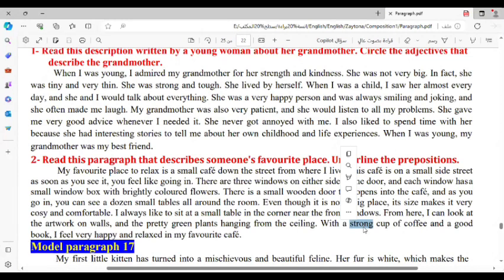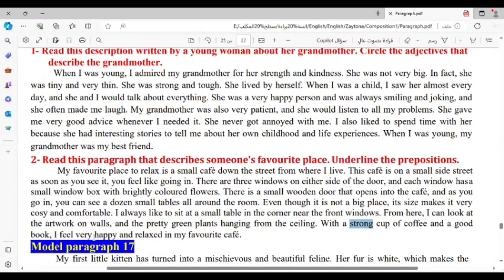Okay, what is the opposite of strong coffee? Light. No, not light, it's weak. When I say weak coffee, it's not heavy, it's light. The main adjective is weak. It means like light or not heavy. So a strong cup of coffee means a heavy cup of coffee.